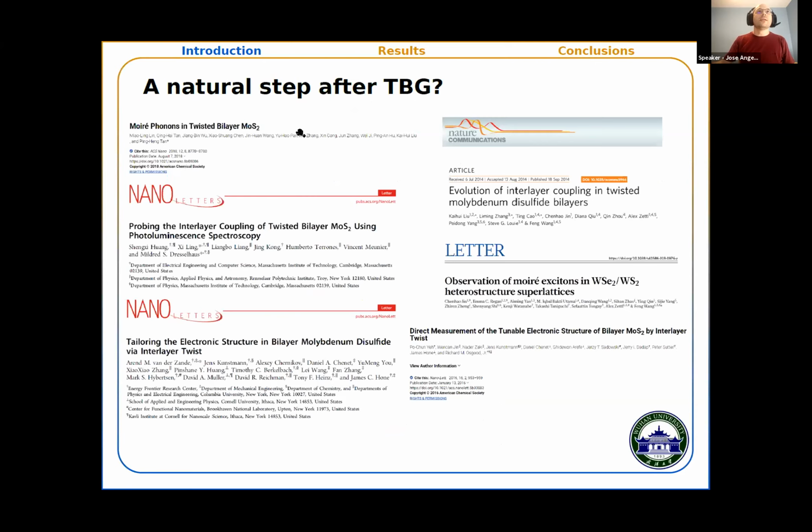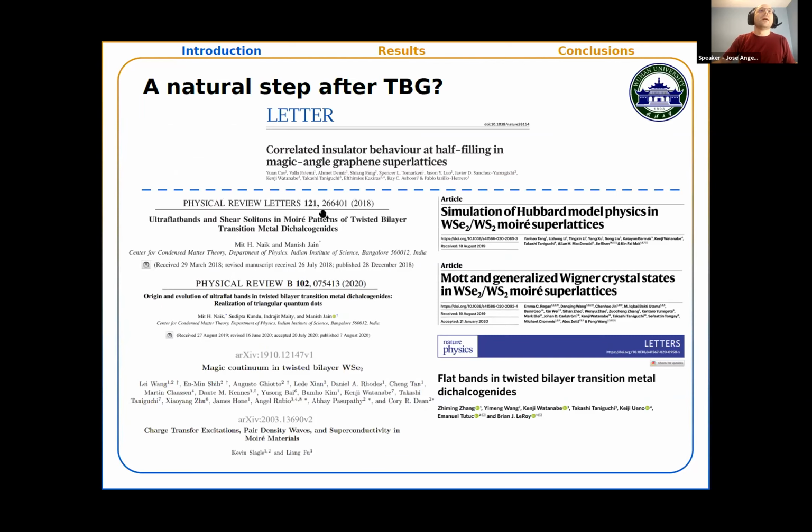So why study these materials? In the past years, there have been few studies and papers about twisted bilayer transition metal dichalcogenides, but since the discovery by Yuan Cao and Pablo Jarillo-Herrero of the correlated states in magic angle twisted bilayer graphene, there has been a boost in the experiments and theoretical studies of this kind of twisted system.